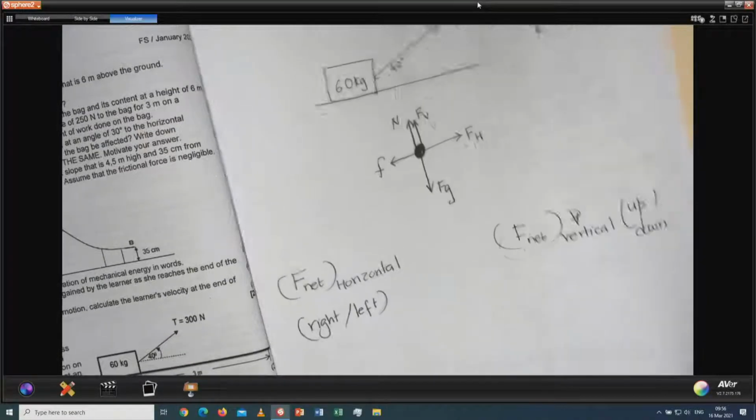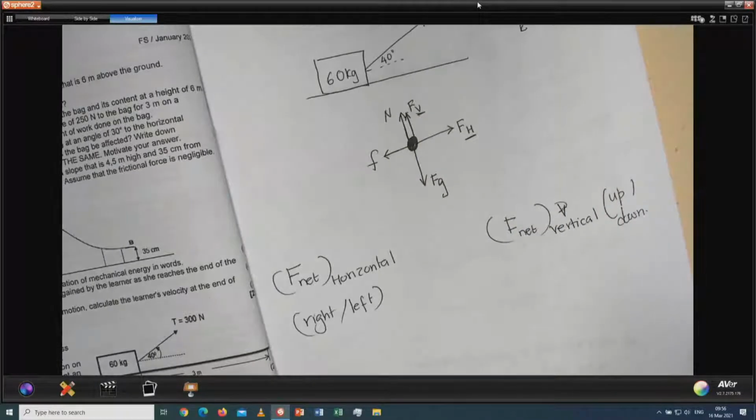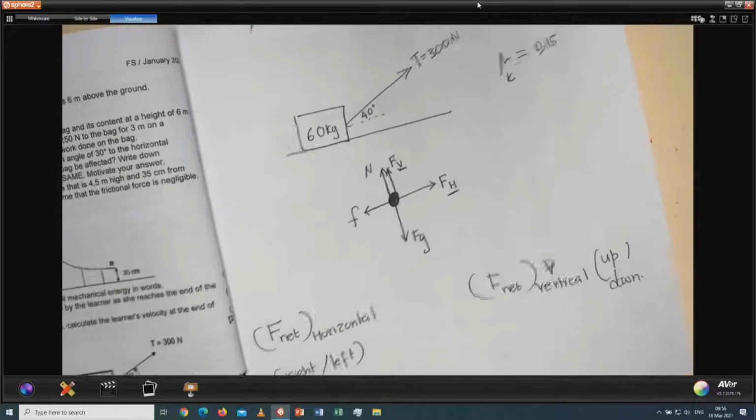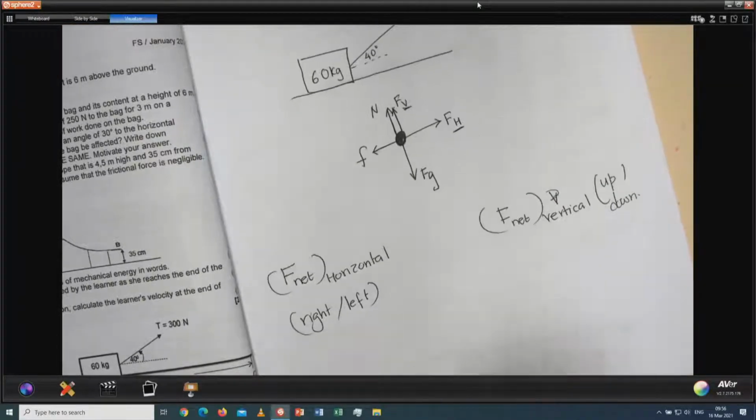Now, first of all, you must know the magnitude of your forces. We did not calculate FV, but let's just quickly do it.